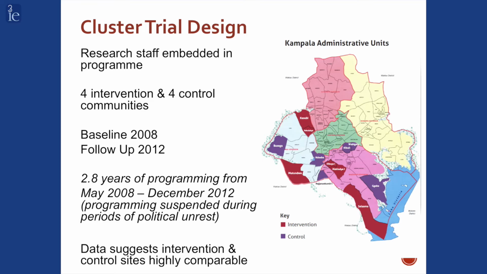The programming was running after our baseline survey in the intervention communities. There was some disruption, civil unrest, and a lot of violence happening. So again, the partnership with the implementing agency, in implementing the operational research and the qualitative research, was really critical so that we could ensure the safety and well-being of our interviewer and fieldwork teams while we were doing the work.